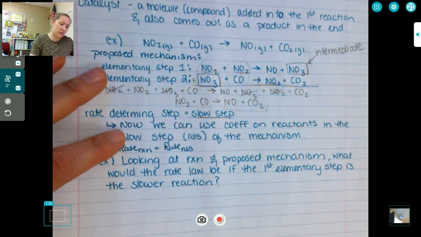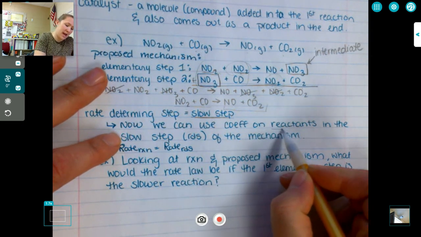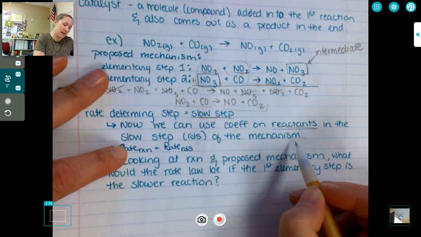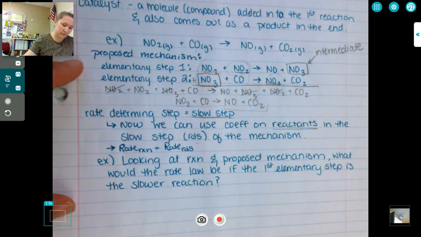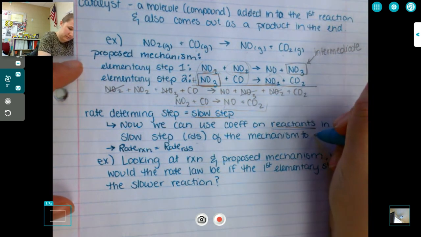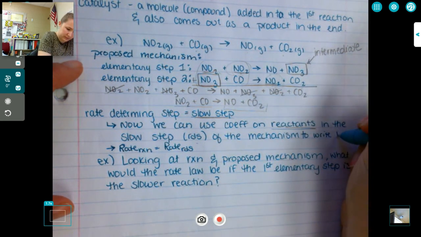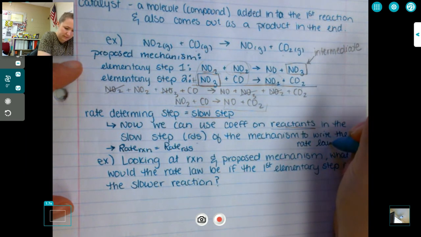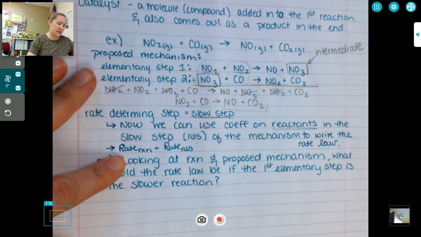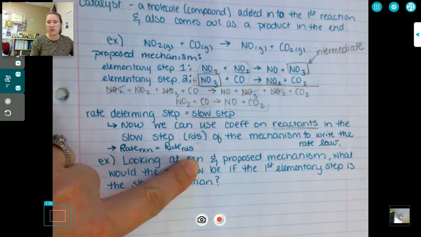So then we can use the coefficients on the reactants in that slow step of the mechanism to write our rate law. So then we can say that the rate of the reaction is the rate determining step.